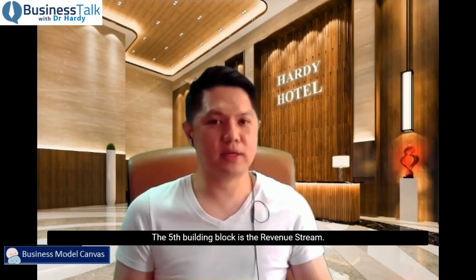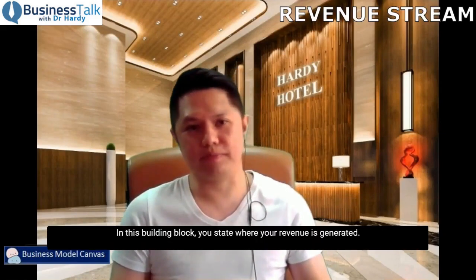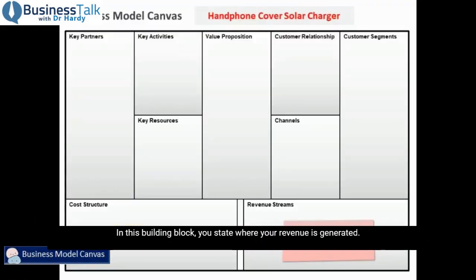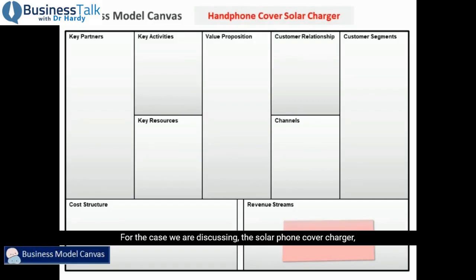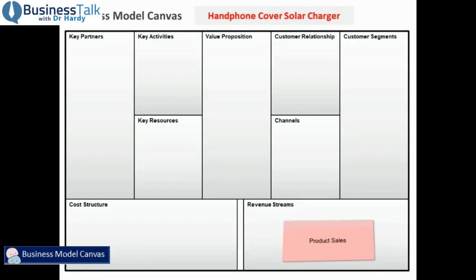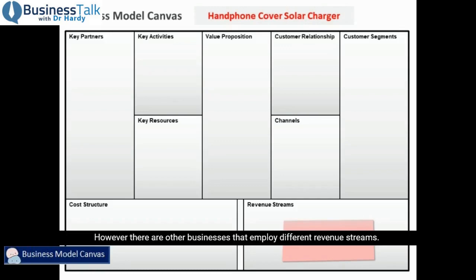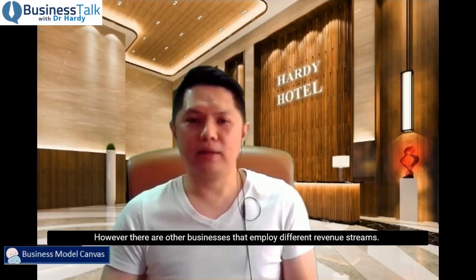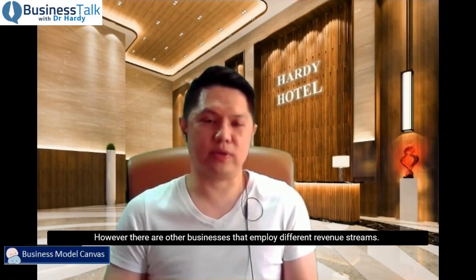The fifth building block is the revenue stream. In this building block, you state where your revenue is generated. For the case we are discussing, the solar phone cover charger, it is very straightforward. A customer pays when they purchase the product. However, there are other businesses that employ different revenue streams.